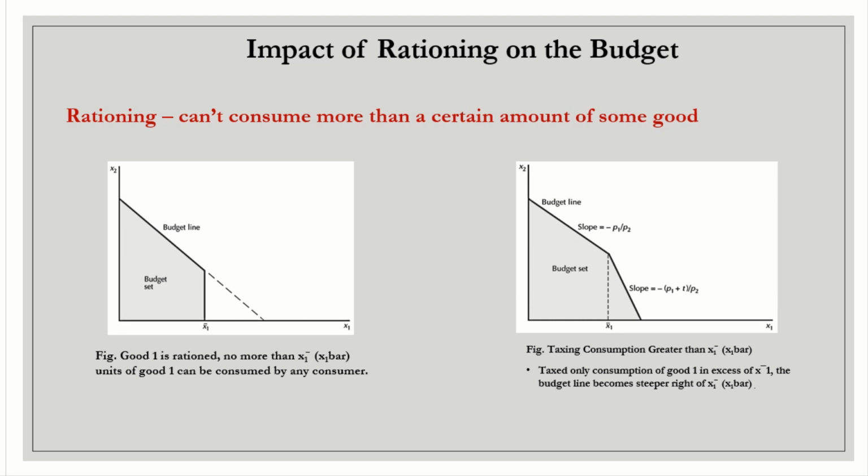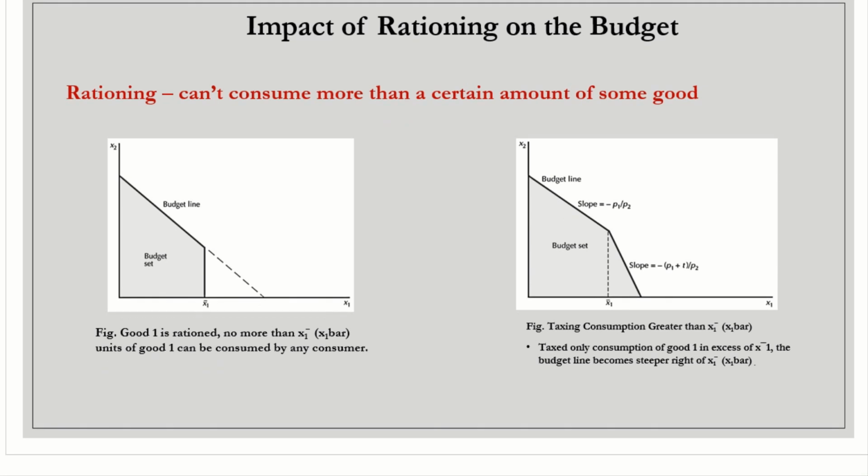Essentially, if you observe this figure, say good 1 is being rationed, so you cannot consume good 1 beyond the point x1 bar. What does that mean? Say you have the basic equation m equals p1 x1 plus p2 x2. I am fixing this x1 to a particular value.